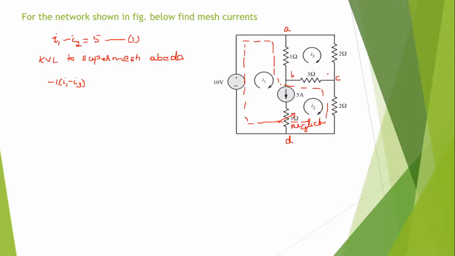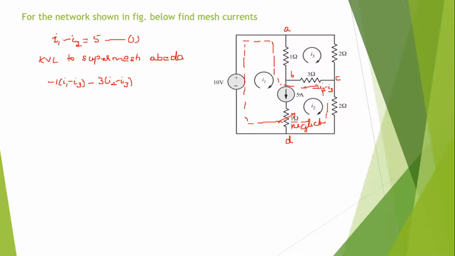Next, B to C. What is the current flowing from B to C? I2 minus I3 flows in this direction. So path direction and current direction are the same, so once again minus 3 into I2 minus I3.